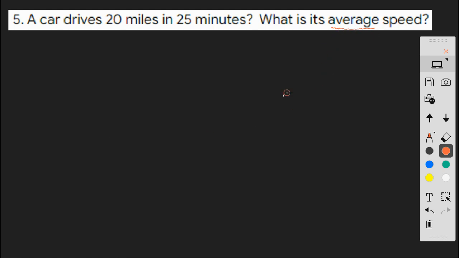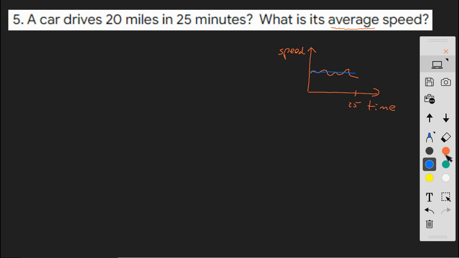What this average means is that if we thought about the speed of this car over this first 25 minutes, we know that its speed will have varied, but we do know the distance it travelled, so we can work out what speed on average it travelled at.